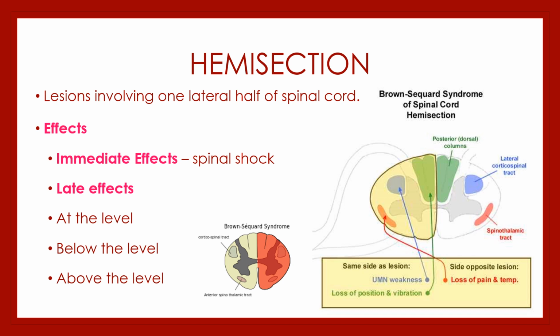This is due to compression by a tumor or damage to the cord, mostly at the mid thoracic level. The effects can happen in two stages. Here the intermediate effects are similar to the spinal shock. So all the effects that happen in the spinal shock appear here. And then the late effects.